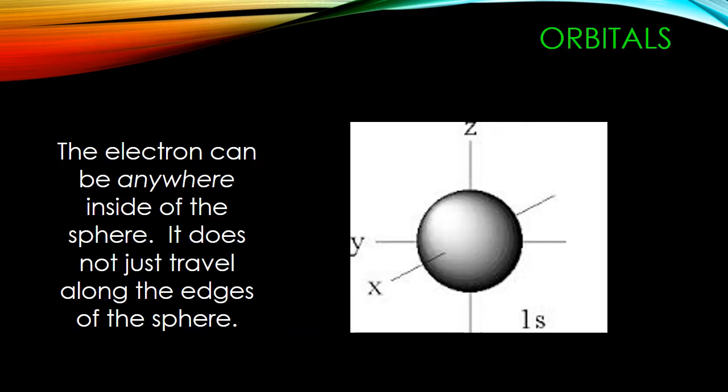Now notice that the electron can be anywhere inside that sphere. It doesn't just have to travel along the edges of the sphere. But that's where we're likely to find the electron 90% of the time.